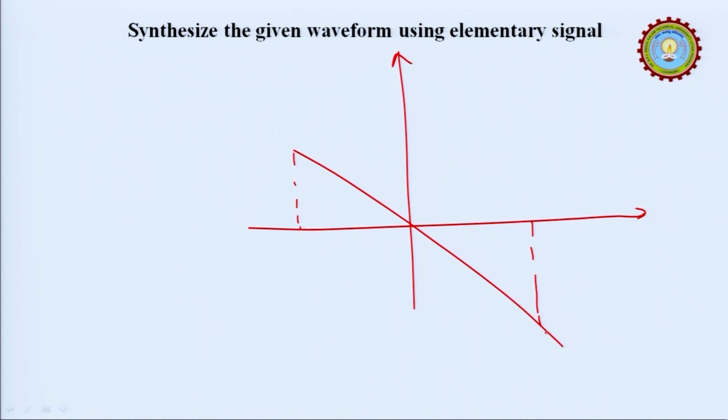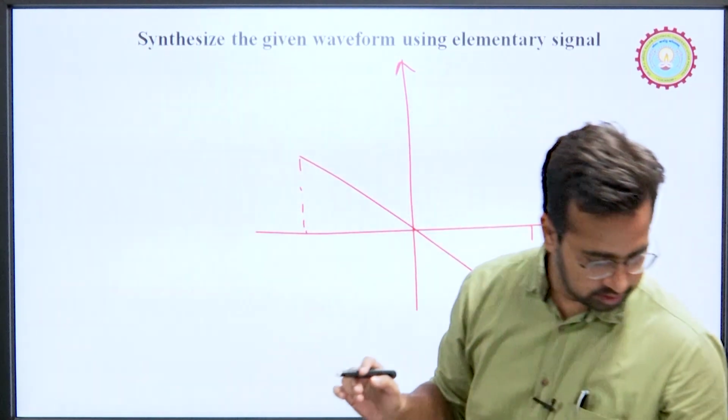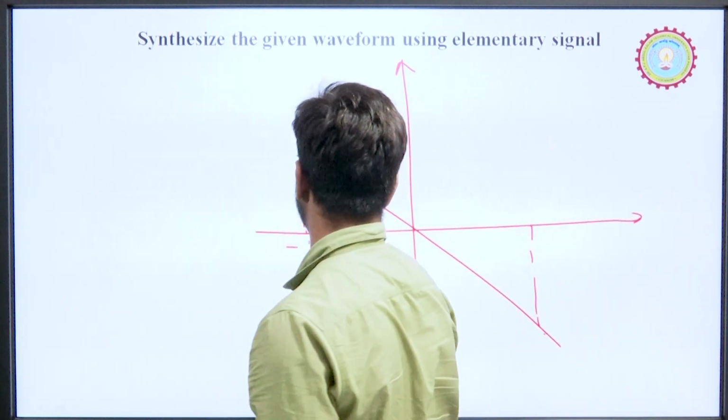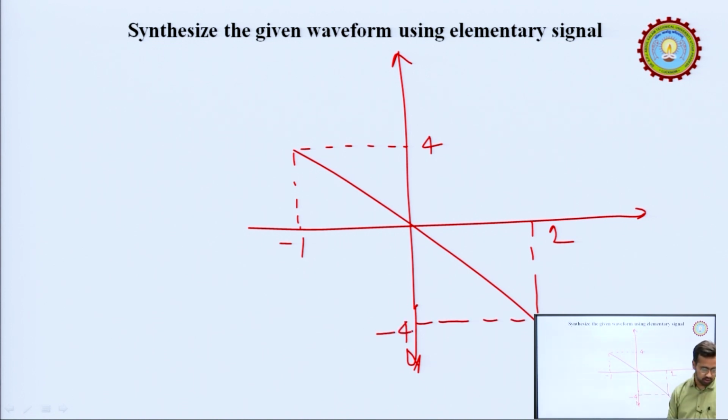You can see this value is 4 at time minus 1, and this value is minus 4 at time 1.